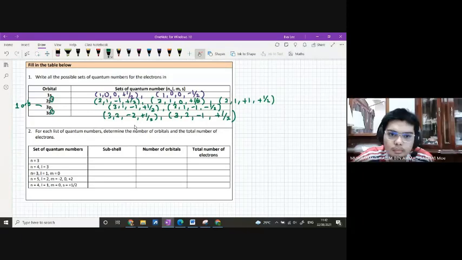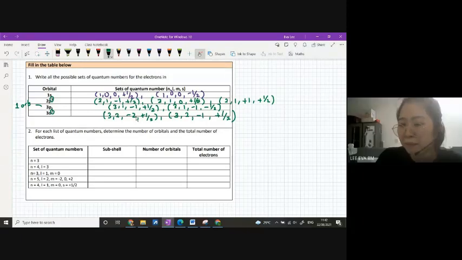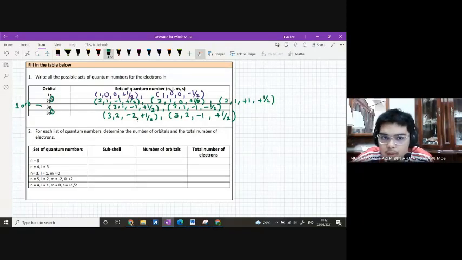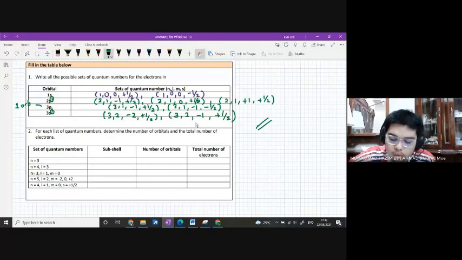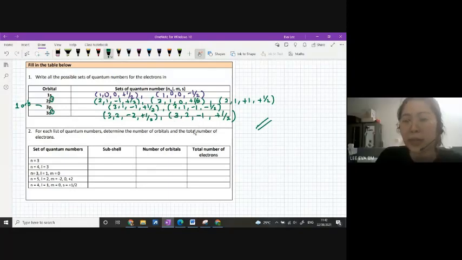Ataupun awak pilih. Memang kalau kita pilih yang lain dengan spin yang lain juga tak apa kan? Sekarang dekat sini tak apa kalau awak pilih. Sebab nanti 2.3 awak akan nampak kenapa tak boleh. Dekat sini, madam accept lagi. Kalau daripada 10 pilihan awak pilih mana-mana 2, accept lagi. Sampai sini sajalah. Sebab dia ada rules lain yang kita kena ikut.